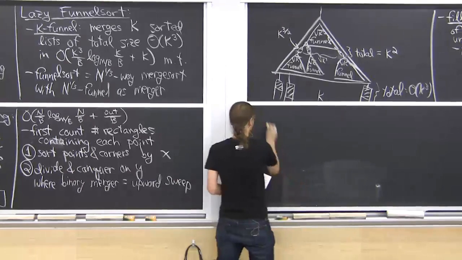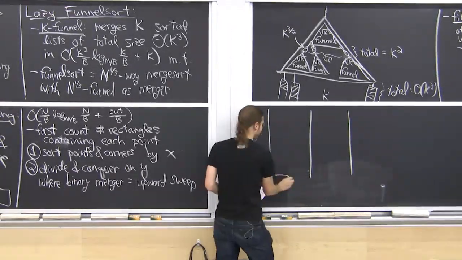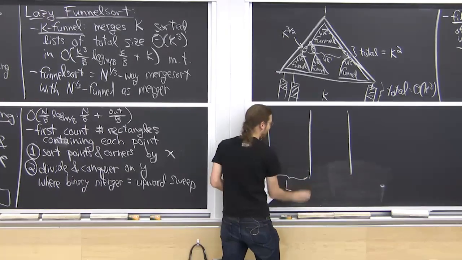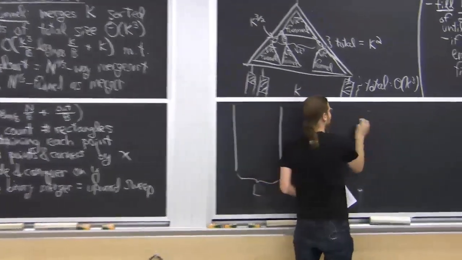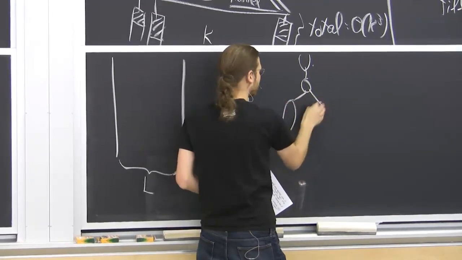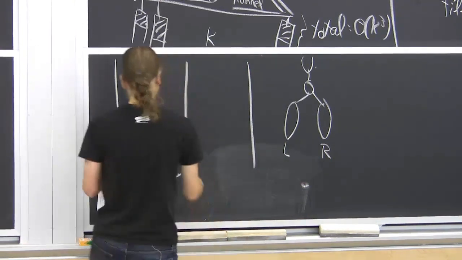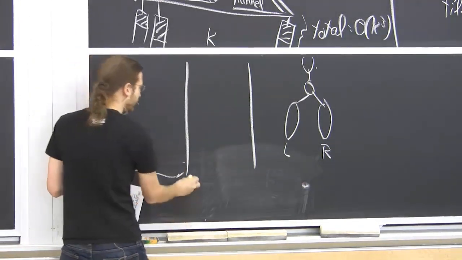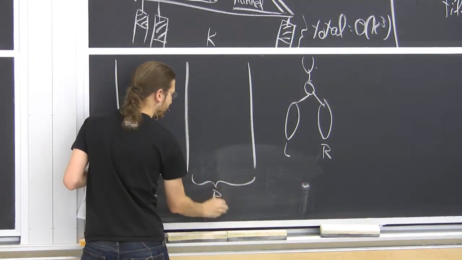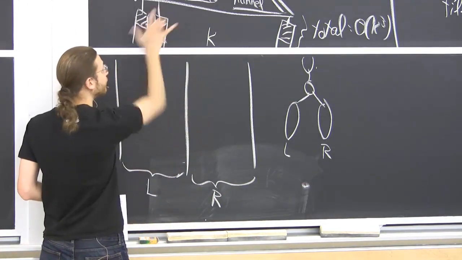So the picture is going to be something like this. We're in a slab. There's going to be the left slab. So here's the binary merger. There's the L points and the R points. The L points are going to be in a particular x interval. The R points are going to be in another, adjacent x interval corresponding to this tree picture.